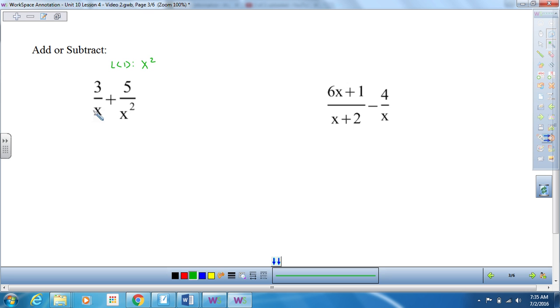Okay, so 3 over x, this x needs to be x squared, so I need to multiply by x. And to keep things equal, I have to multiply by 1, which means I'll multiply by x over x. Okay, and so x times 3 is 3x, and then x times x squared is x squared. Okay, I don't have to change anything here on the 5 because that already has x squared as the denominator.